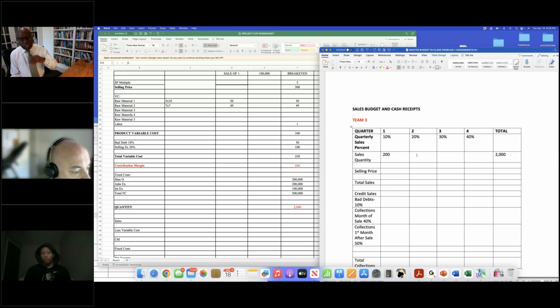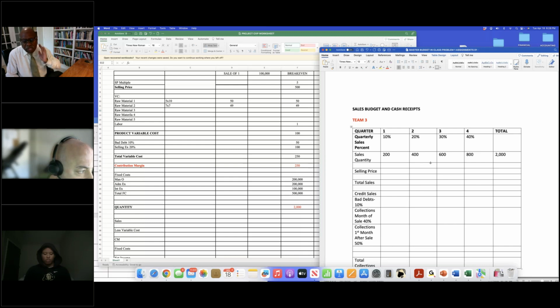We would just spread these numbers all the way across. In the third quarter, that's going to be 600, and the fourth quarter, 800. So we had 2,000, and now we're breaking that 2,000 down by quarter.